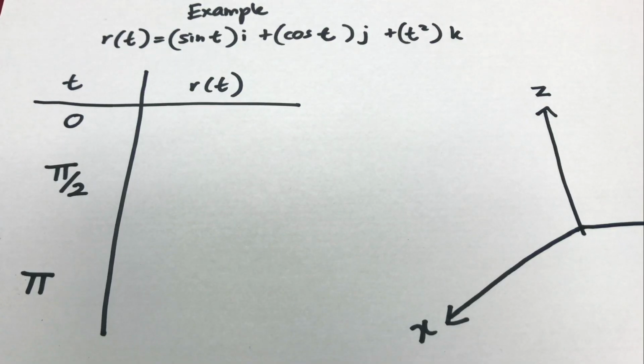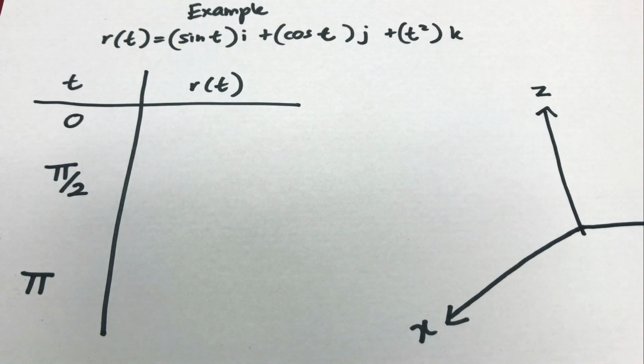Let's look at an example. We have r of t is equal to sine t i plus cos t j plus t squared k.